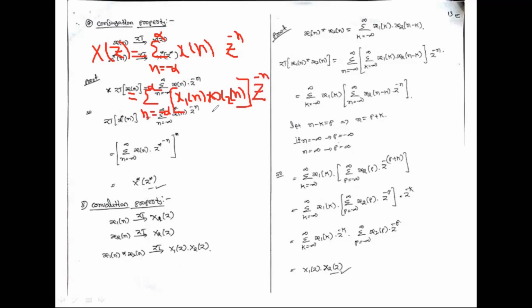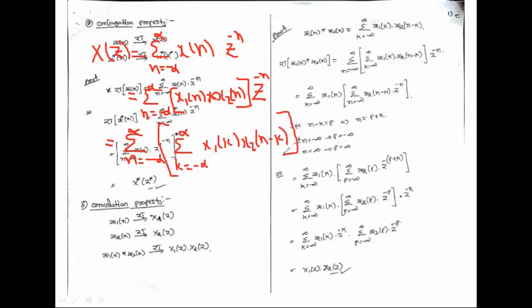So what is the formula for the convolution in the discrete time function? This is summation. The sum of n equal to minus infinity to infinity, x1 of n convolved with x2 of n is again the summation: the sum of k equal to minus infinity to infinity x1 of k, x2 of n minus k.